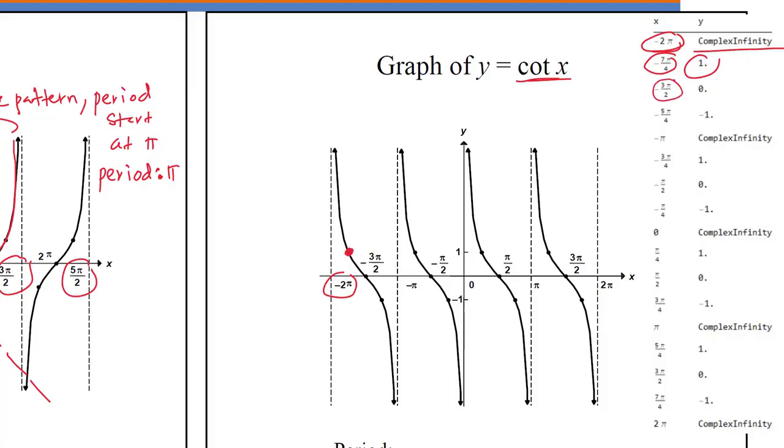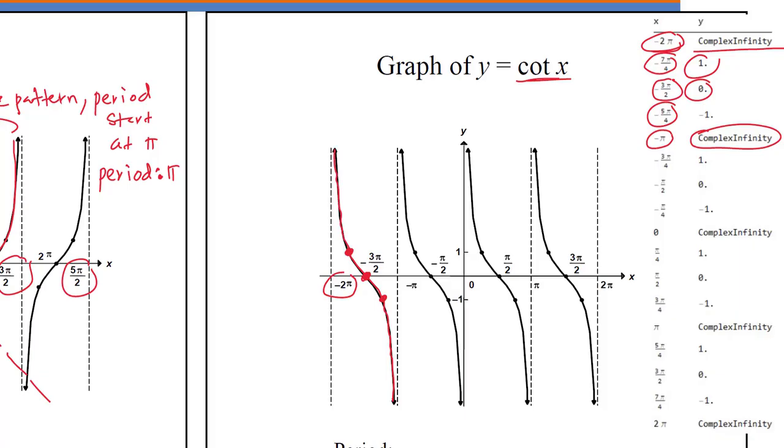Negative 3 pi over 2, you get 0. Negative 5 pi over 4, negative 1. Negative pi is infinity. So when you see the graph, you know that the infinity moves down, and for negative 2 pi, it moves up.